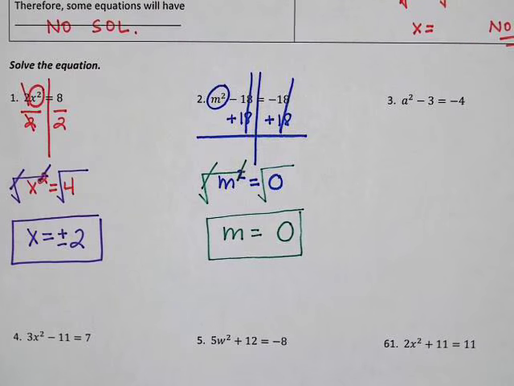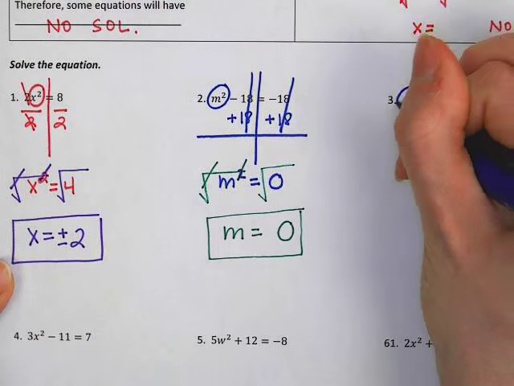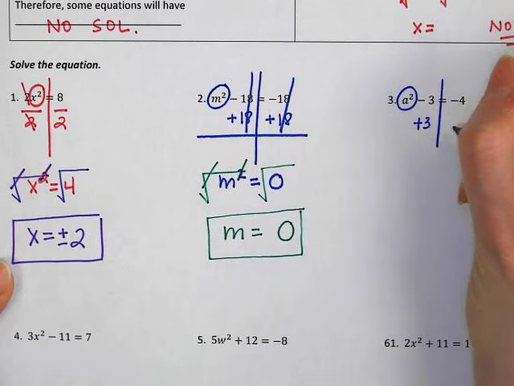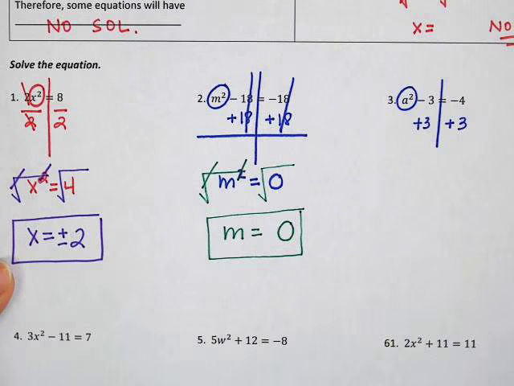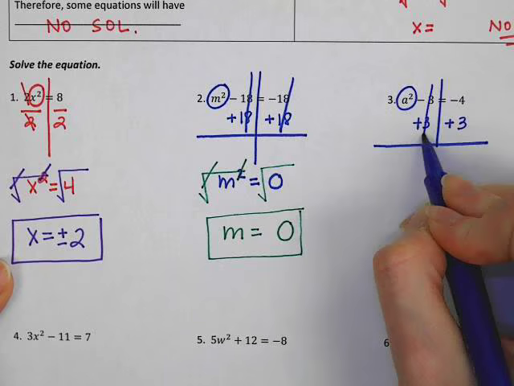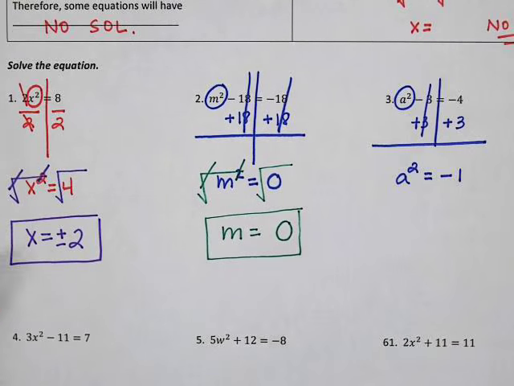Okay, number 3. We're going to start by drawing our wall and isolating the a squared. So we're going to add 3, add 3. Okay, these cancel. We get a squared equals -1.